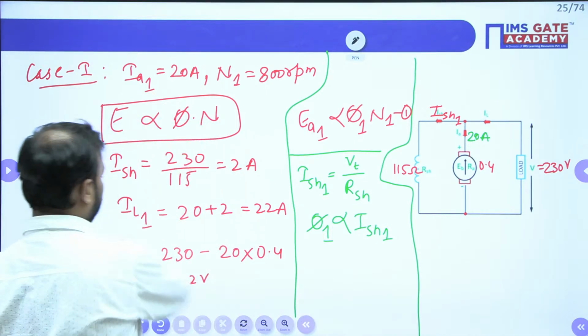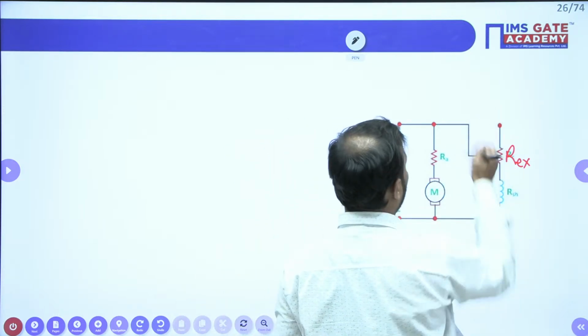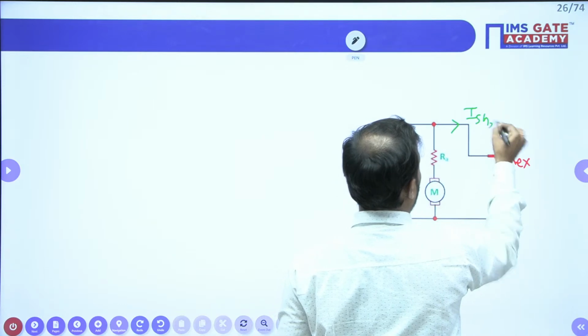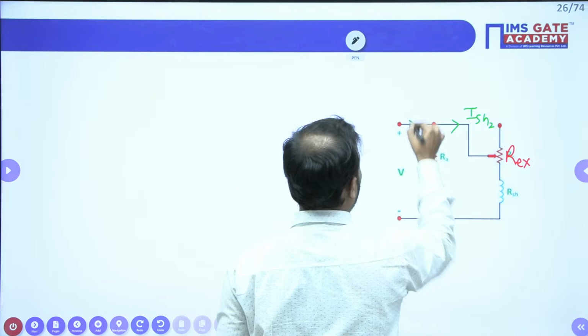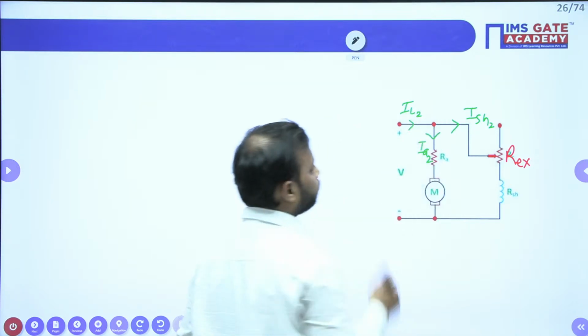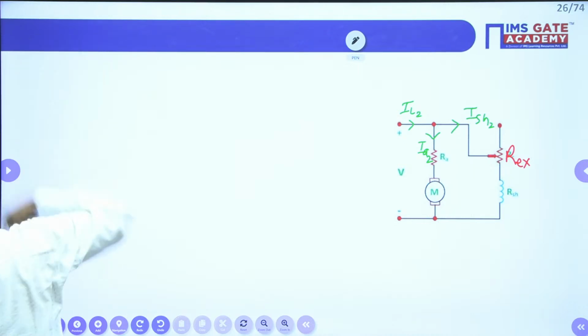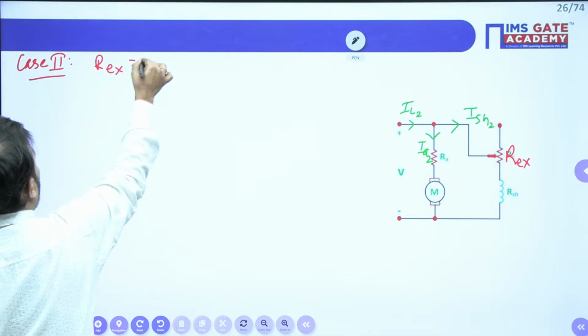All right. Now, when you insert this resistor, your shunt current is changed to ISH2. This is IA2 and here IL2. Let me take this as case 2, when you insert R external, which we need to find.